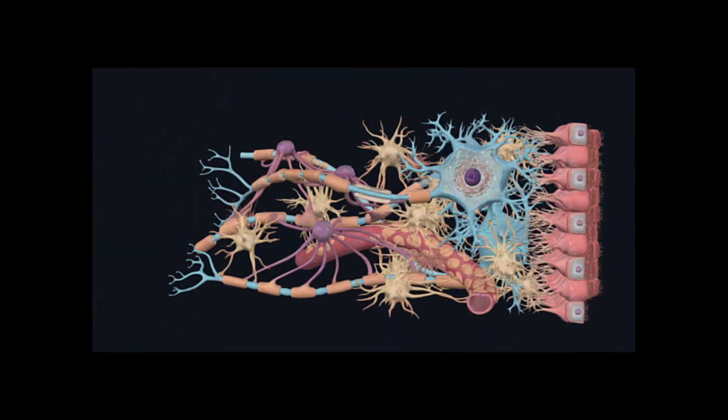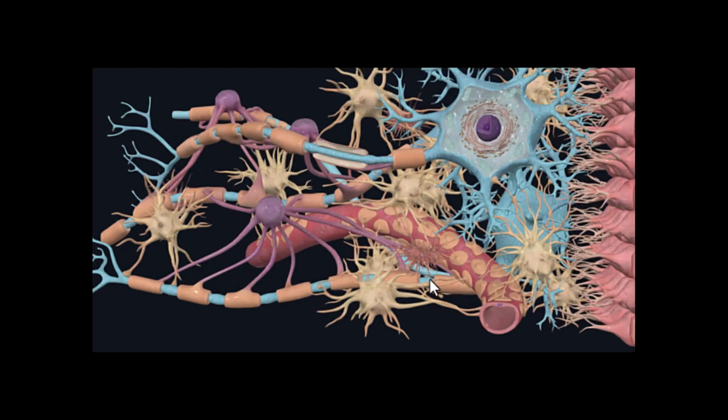Now, the following two glial cells do not have any similar cells in the peripheral nervous system. So I cannot say, oh, this cell acts similarly to this other cell in the peripheral nervous system. No, it's not like that.